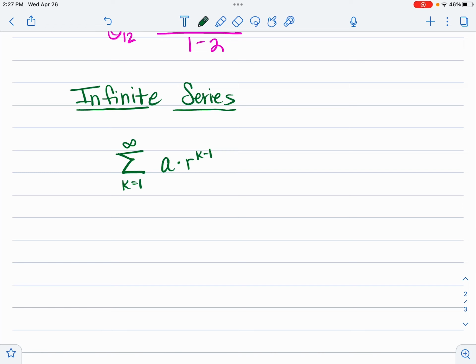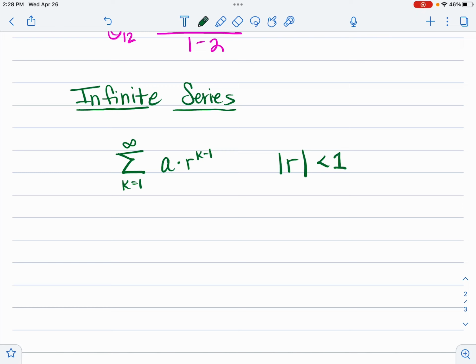Technically, I'm going to add up every term in this geometric sequence, but the stipulation is the absolute value of your common ratio is less than 1. So we're talking decimals or fractions. You're multiplying by a small number, and instead of the series going up, it's going to go down. That's exactly what happens.